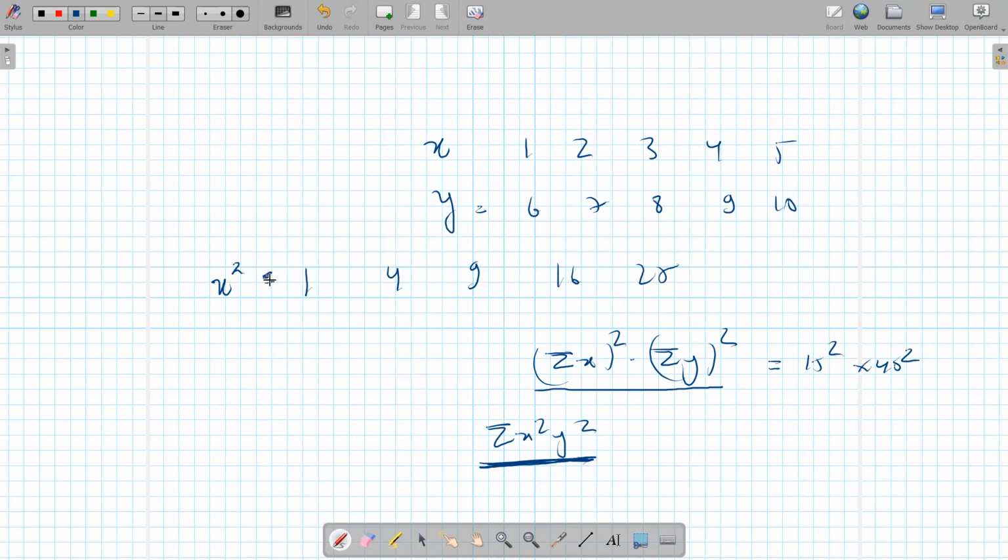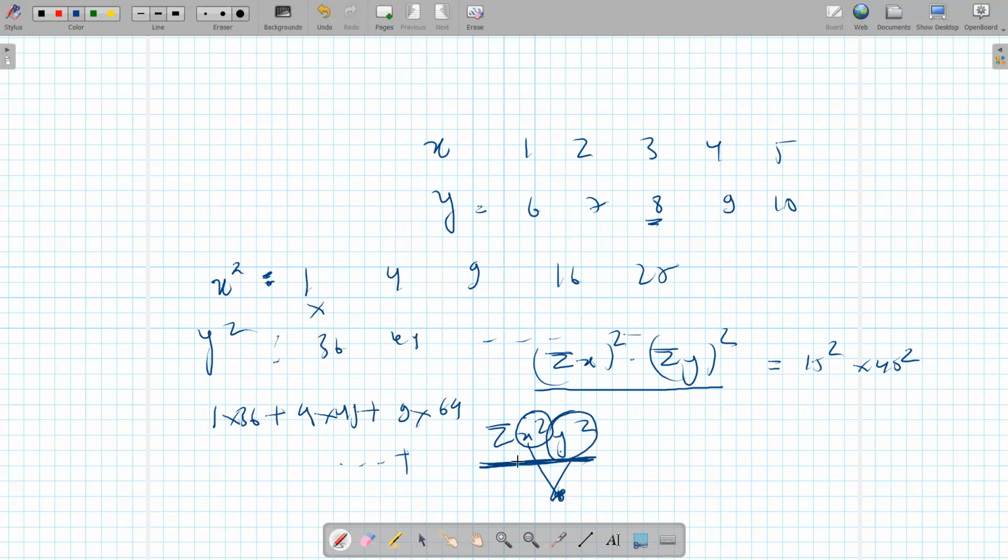These are your x squares. And then you need to find your y squares, which will be 36, 49, and so on. And then you multiply these two and add them up. So it's going to be 1 times 36 plus 4 times 49 plus 9 times 64, like that. So you're going to do this first, and this first, multiply them, and then finally add them up.